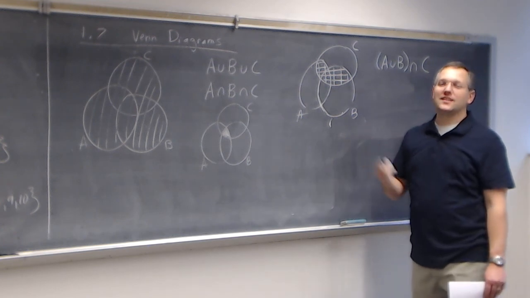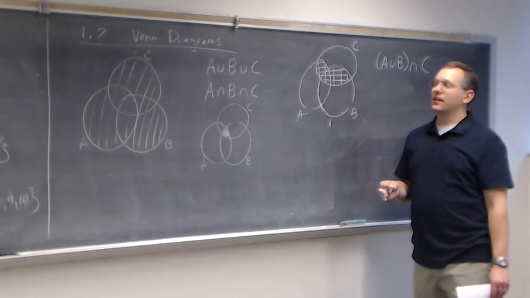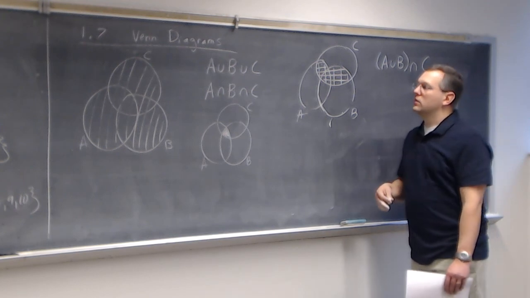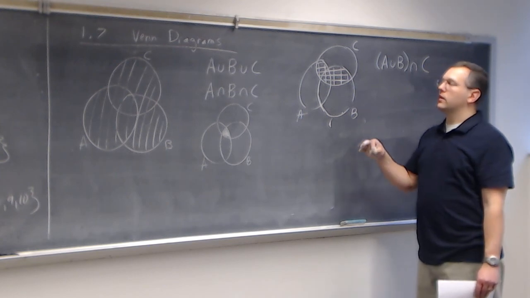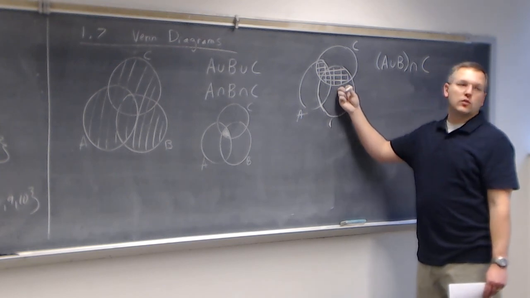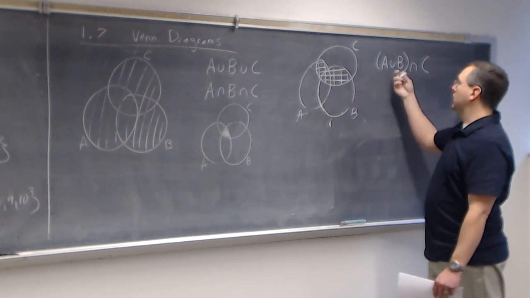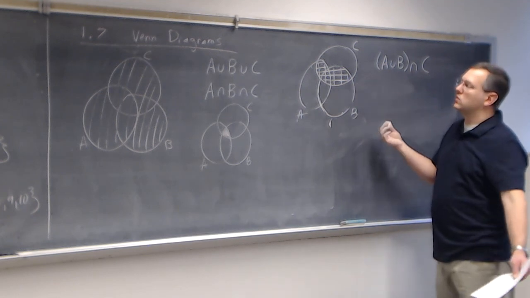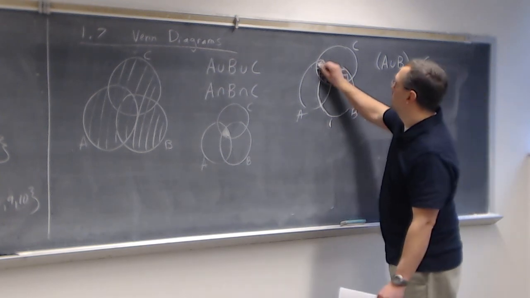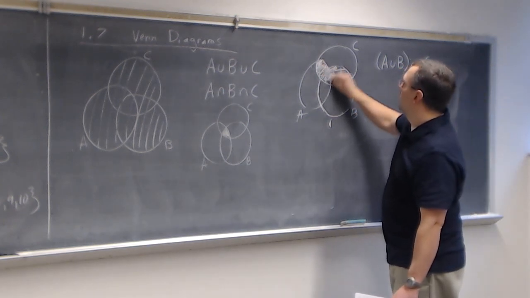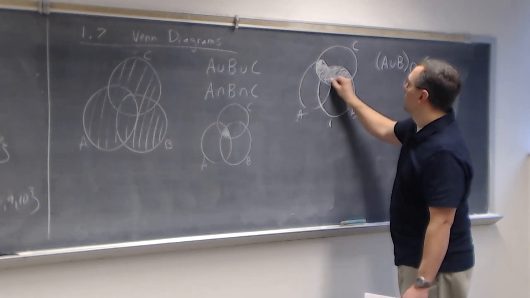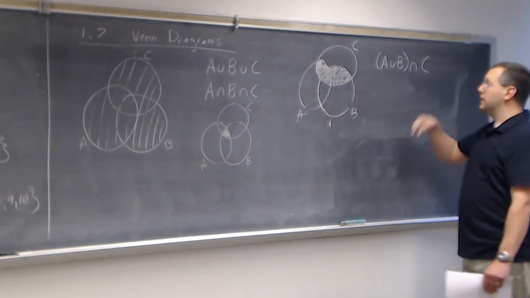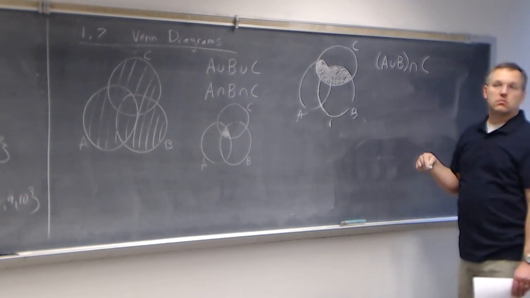All these sets, you can come up with very complicated ways or very simple ways, but if you're asked to write this using unions and intersections, try to find the easiest way to write it. So this is A union B, all the elements that are in A or B, and at the same time in C. Okay?